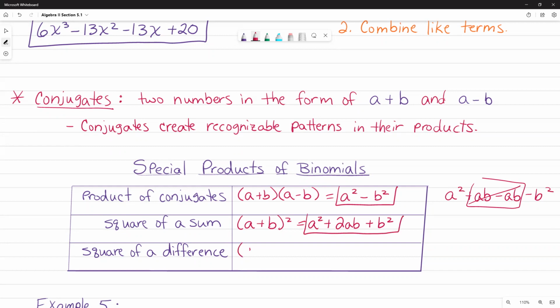And if you ever have A minus B squared, you end up with A squared minus 2AB plus B squared.